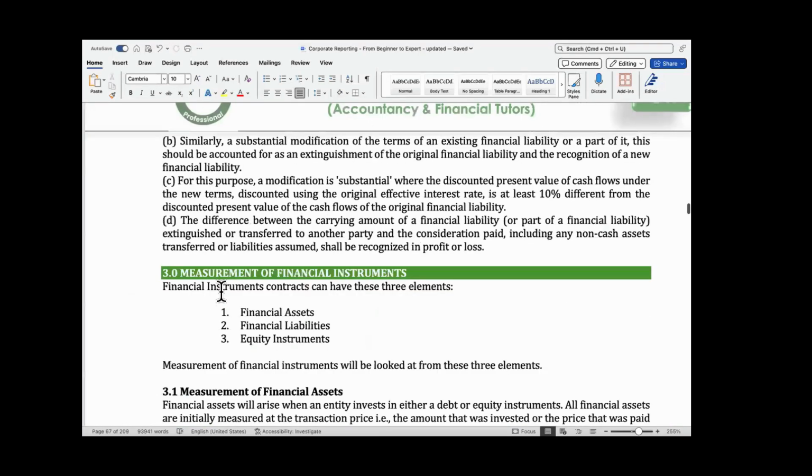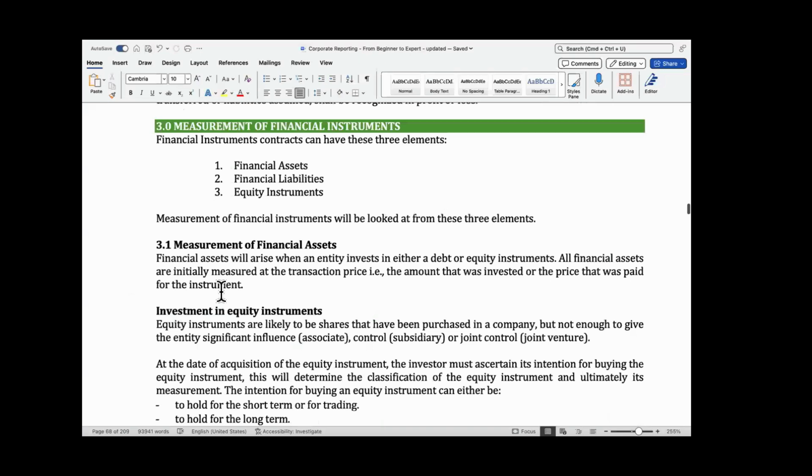So we stepped into measurement majorly last week. For measurement, we picked each of them one by one: measurement of financial assets, measurement of financial liability, and also measurement of equity.